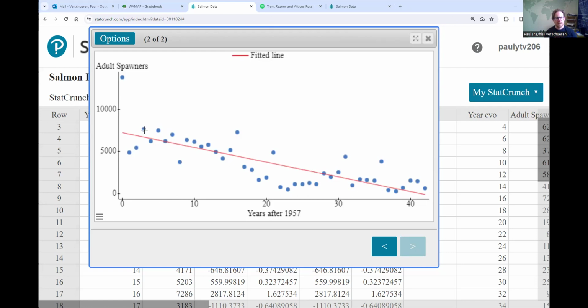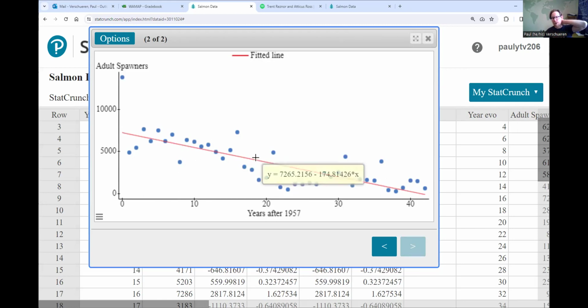What we're looking at is years passing between 1957, the year zero, and 1999, the year 43, for X equals 43. In general this shows a negative trend: as the years go by, the salmon count is going down. As you read left to right, you see that dropping of the line, which matches the data.